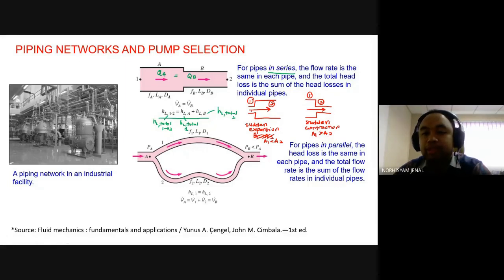So due to the nature of this, the calculation that you have to do should be separated. Point 1 should be separated from point 2, and when you add the HL total together, then you can do the same energy equation.